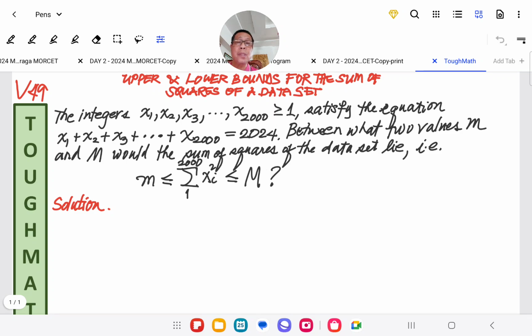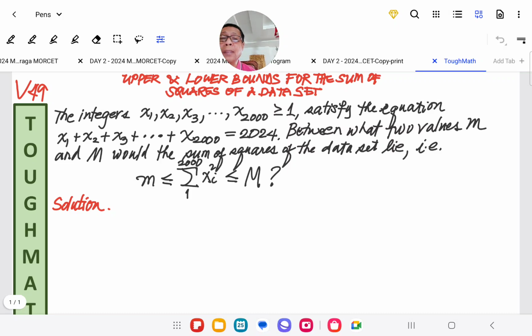Between what two values, lowercase m and uppercase M, would the sum of squares of the dataset lie? That is, the sum of squares of x sub i from 1 to 2000 is between small m and capital M.